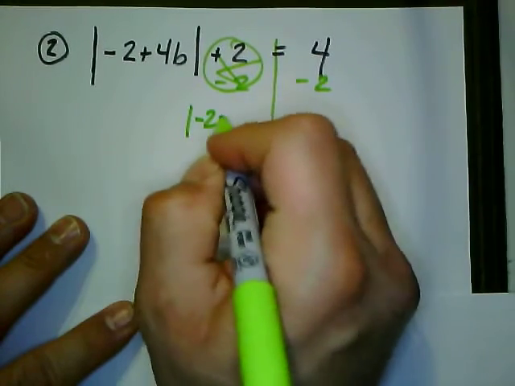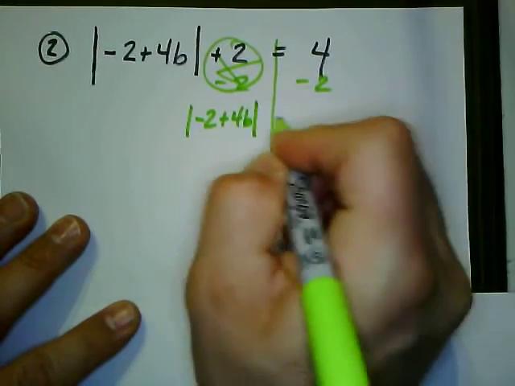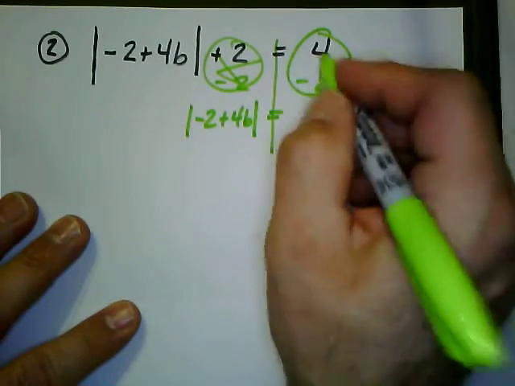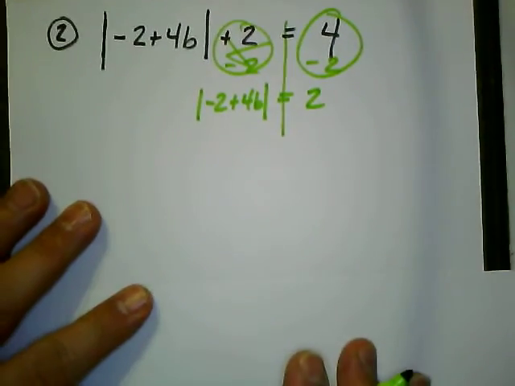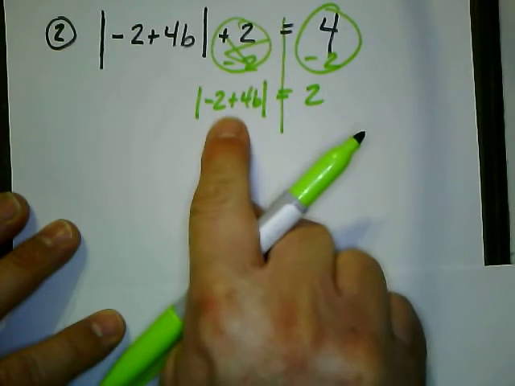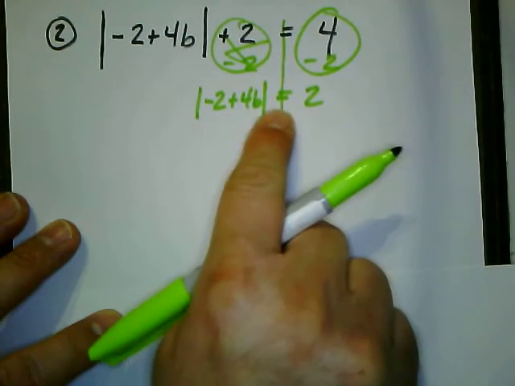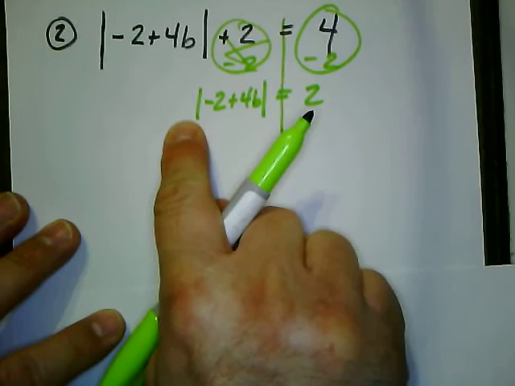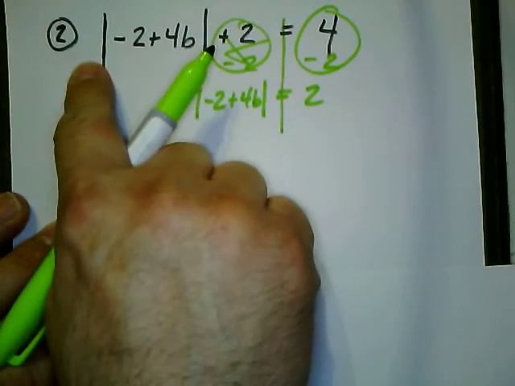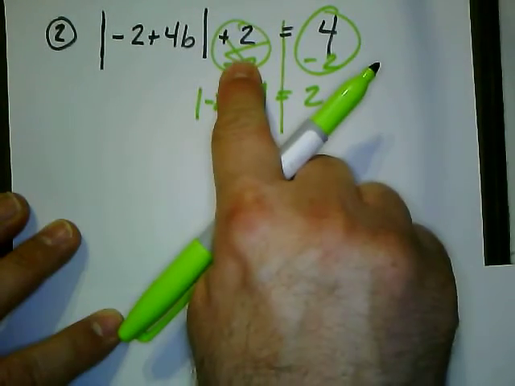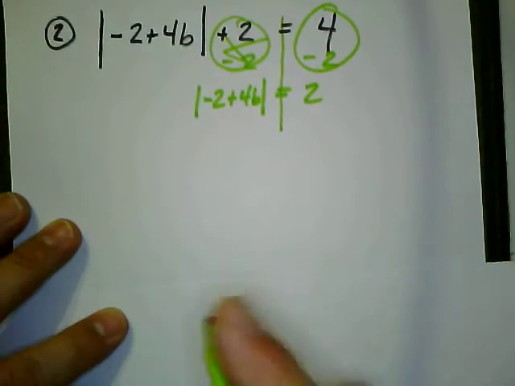So we're left with all of this is equal to 4 minus 2 is 2. Once we get to that part where there is nothing attached, so there's nothing added or subtracted, there's nothing multiplied. So the first time we did it where something was multiplied, the next time we did it something was added. They could also be on one side, and we'll get to those.